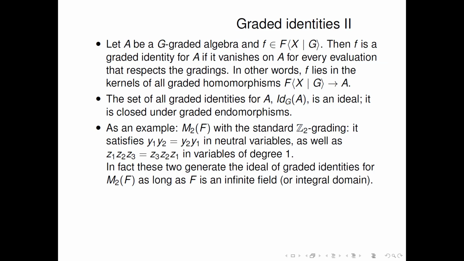See, diagonal matrices commute. For the other, if you take two matrices of order 2 that have entries only on the second diagonal, then they satisfy this relation. And it can be shown, it is easy, that these two identities generate the ideal of identities as long as the field is infinite or even an integral domain.